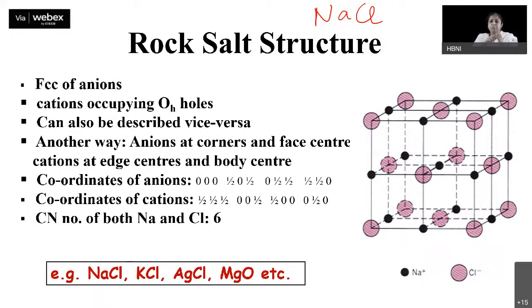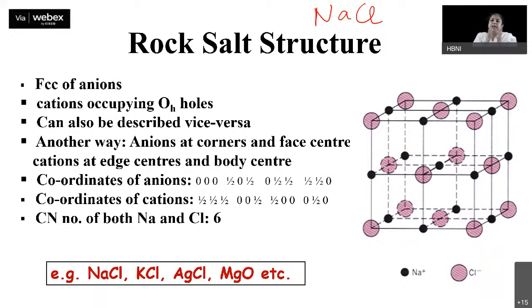In terms of the unit cell, chloride forms an FCC unit cell, and sodium ion occupies the octahedral holes in the cubic unit cell. Now, Na and Cl are 1:1, so we can also say that sodium forms the FCC unit cell and chloride occupies the octahedral holes.